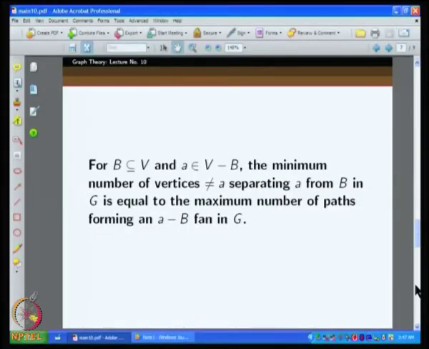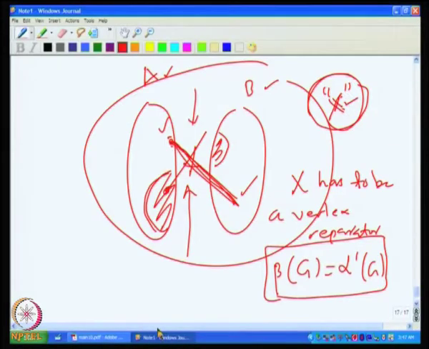So here there is a concept called an AB fan. What do we mean by an AB fan?